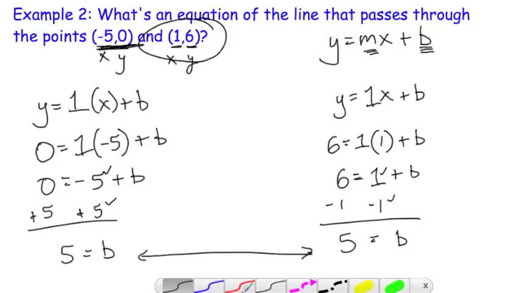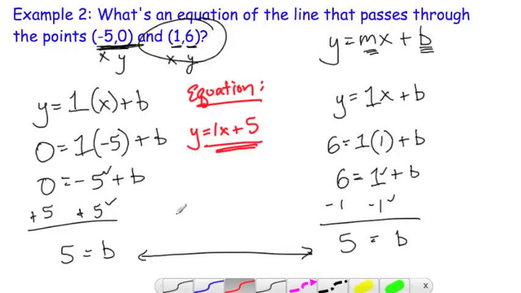That's what I'm saying. So my equation, y equals 1x plus 5. There we go. Or I could write y equals 1 over 1x plus 5. Those are the same.